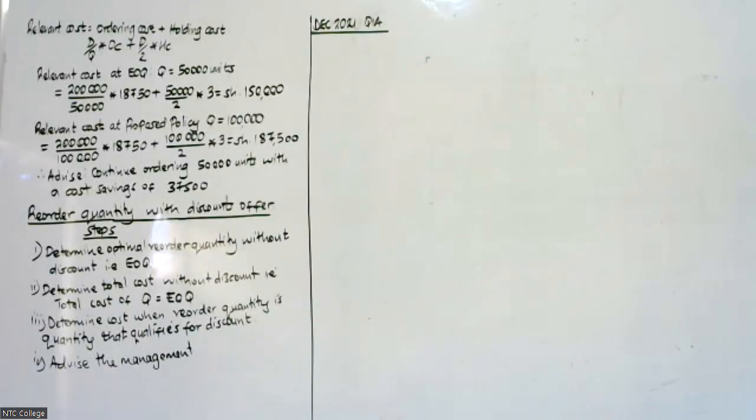The investment cost in the raw material is 8 shillings per kg. The annual production of the product is 94,500 units, and each kilogram of raw material produced two units of the final product.